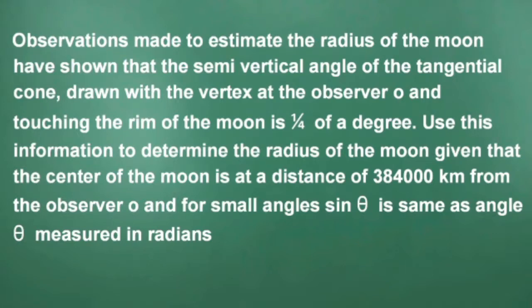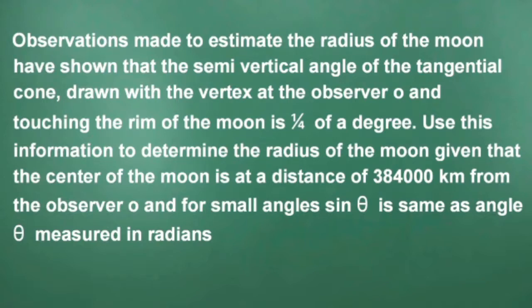Once again, observations made to estimate the radius of the moon have shown that the semi-vertical angle of the tangential cone drawn with the vertex at the observer O and touching the rim of the moon is 1/4 of a degree.